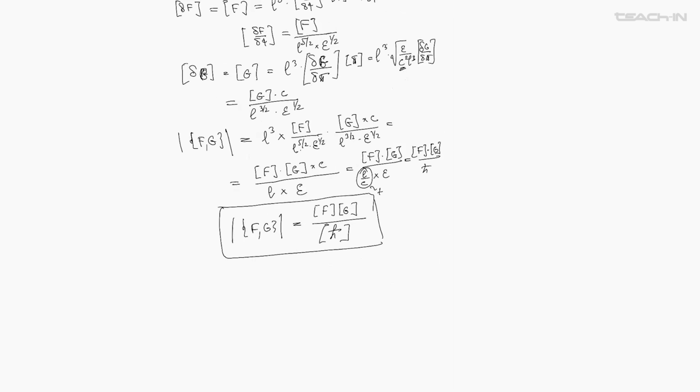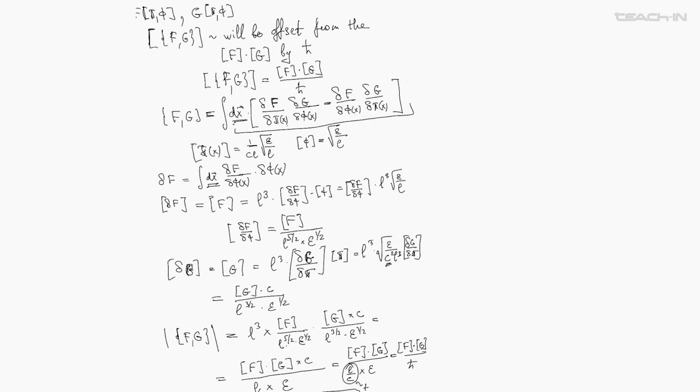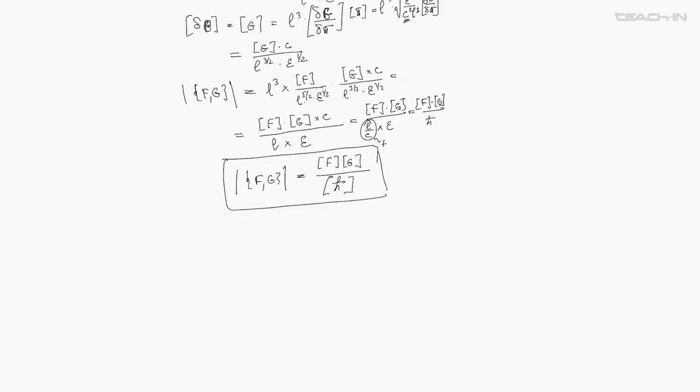Now, the Klein-Gordon equation, which follows from our action, can be written in the Hamiltonian form. The Hamiltonian I have already shown to you. The Poisson bracket is the standard canonical one, which I introduced at the beginning of the lecture, and for which we have now computed the physical dimension.